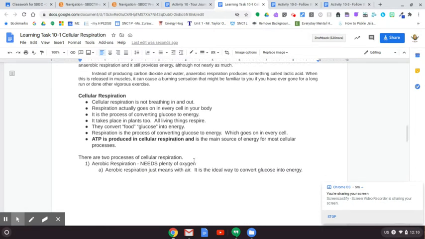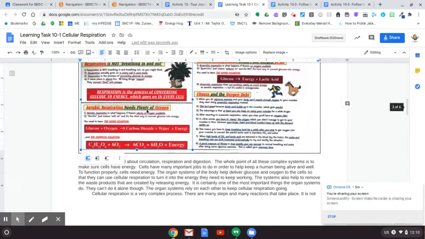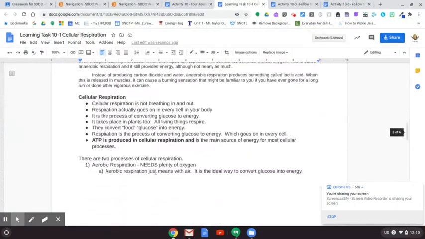So let's look at some of the dot points that are pulled from this graphic up above. Cellular respiration is not breathing in and out. A lot of times people will think about the respiratory system and think that cellular respiration is one and the same with that, but it's not. Respiration is going on in every cell in your body.